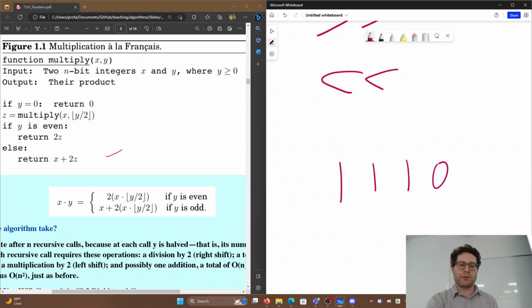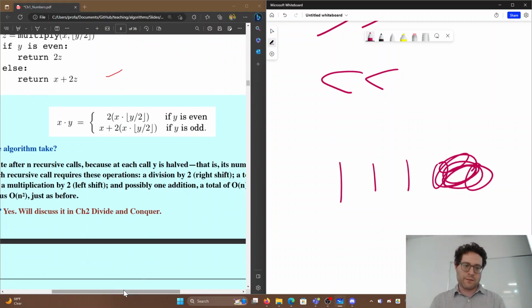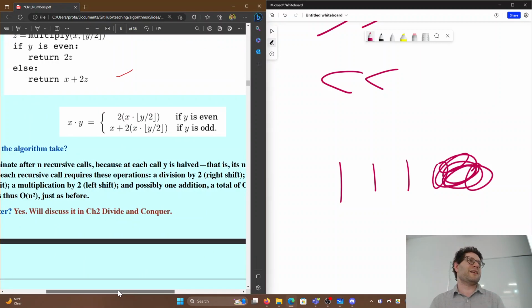So 8 plus 4 plus 2, that would be 14. I can double that by adding another 0 over here. That doubles it to 28. Or I could get that number to 7 by instead shifting over to the right. So it's very useful. But still, shifting would take O of n time.